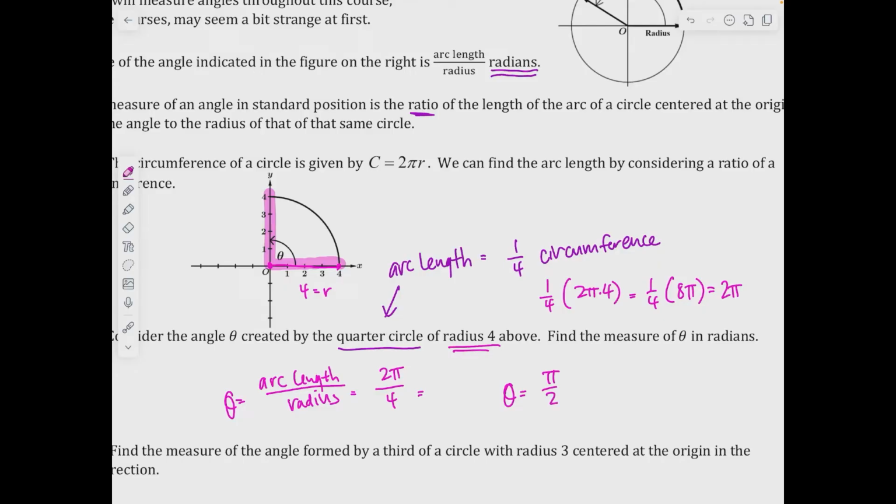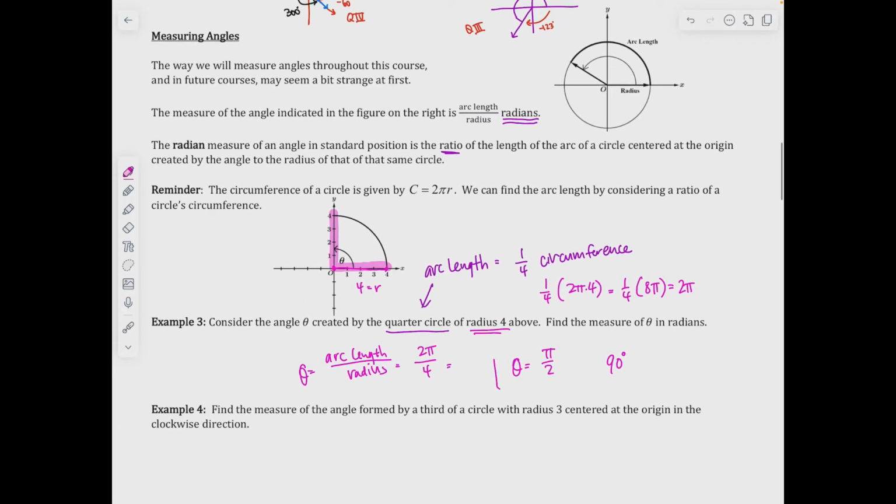And so that's what I know there. Okay. What I'd like to point out is that because it's on the x and the y axis, that's also equivalent to 90 degrees because a horizontal and vertical axis are perpendicular to each other. Okay, so in any case, the ratio in this case is pi over 2.